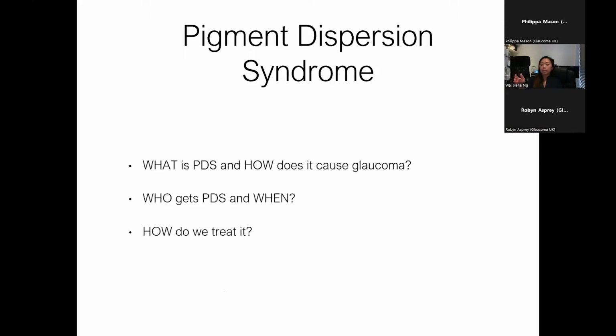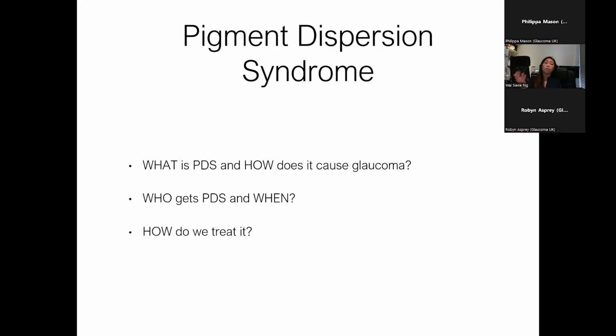So firstly, let's go through the structure of the talk. It's not going to be a lecture. It's going to be more like a Q&A of what my patients often ask me in clinic. So it's going to be a question and I'll try and address it. Firstly, we start with what is PDS and how does it cause glaucoma? Then we'll move on to who tends to get PDS and when does it happen?